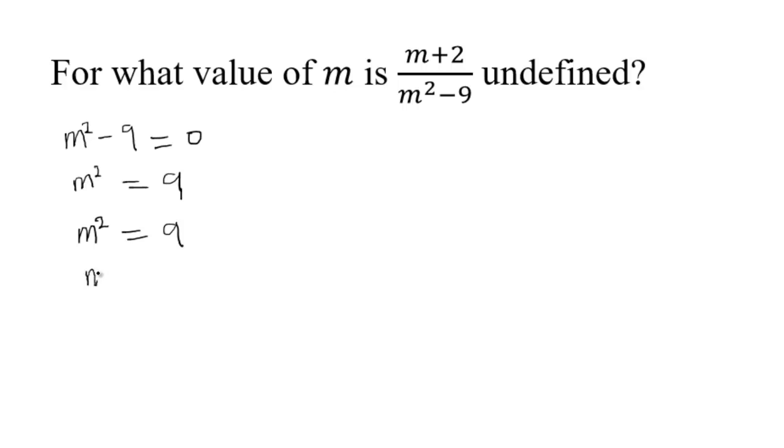So that becomes m. Okay, so the square will cancel the square root sign, making m equal to the square root of 9, which is 3. So the value of m that will render the expression undefined is 3.